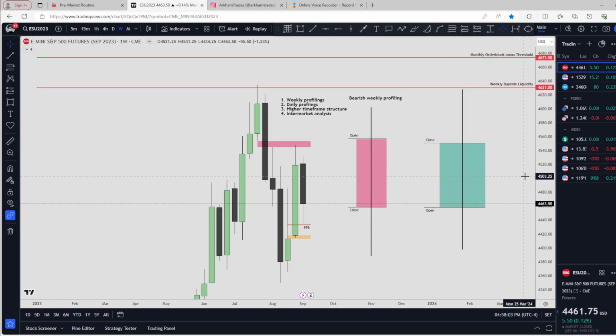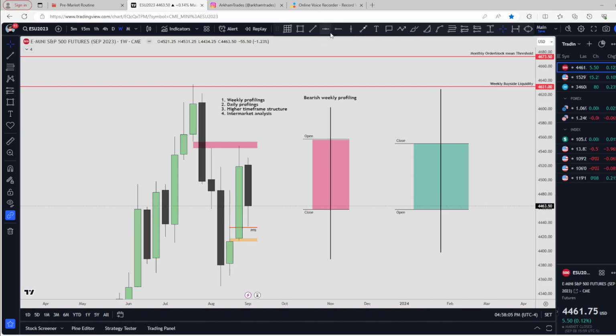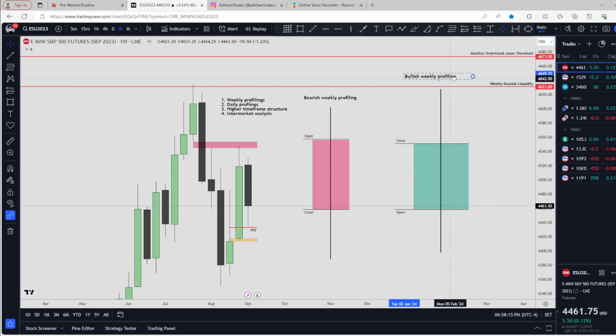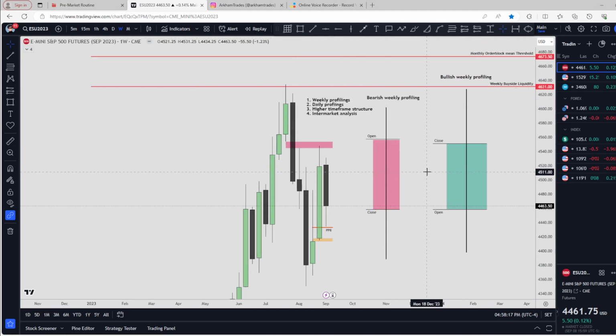This would then be classified as your bullish weekly profiling. This is a bullish week. This is a bearish week.